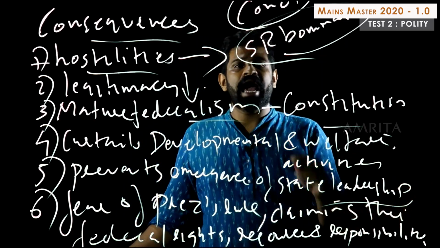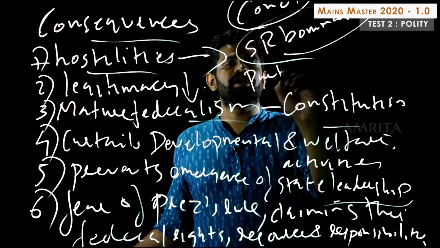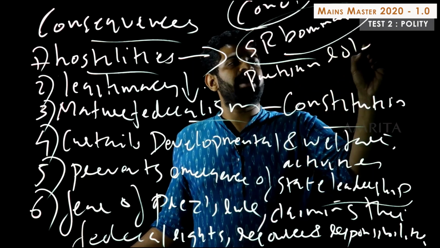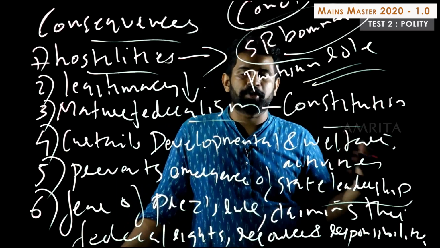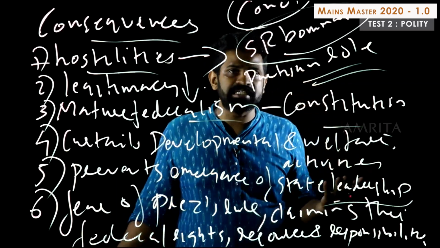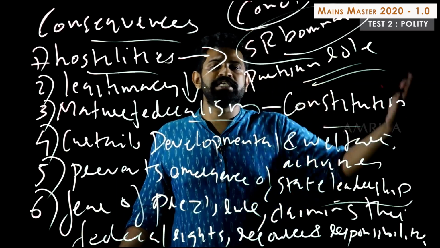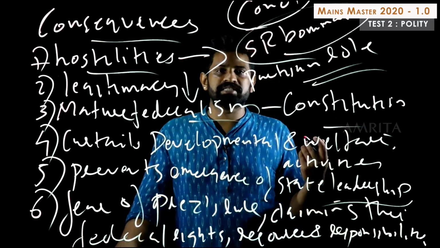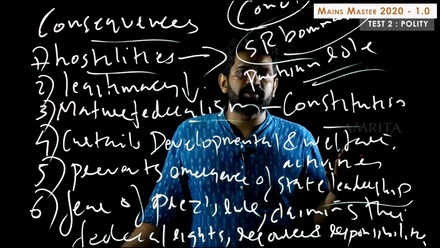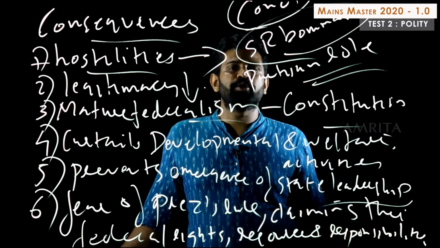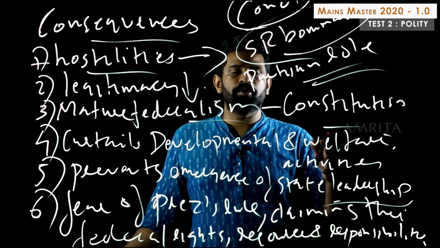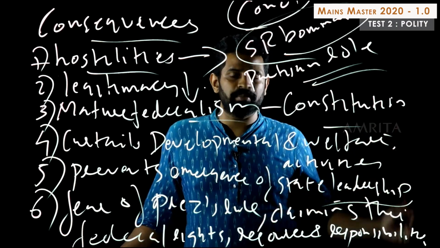Another thing is that the partisan role of the governors has to be corrected by making the appointment and removal procedure of governors more objective, just like the Punchhi Commission has recommended. The Punchhi Commission has recommended making the appointment and removal of governors a more rigorous process. They don't want the governor to be appointed and removed just at the pleasure of the president.